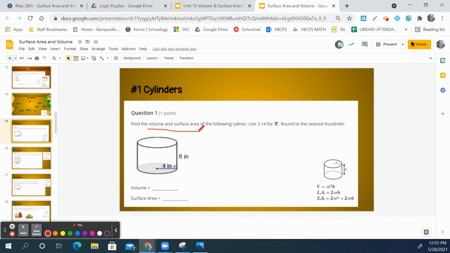I'm encouraging you to do as many as you possibly feel like you can try to do, but I'm not going to mandate it. Like I said, cylinders are a whole lot easier. So if you haven't moved into cylinders yet, I encourage you to move into cylinders.